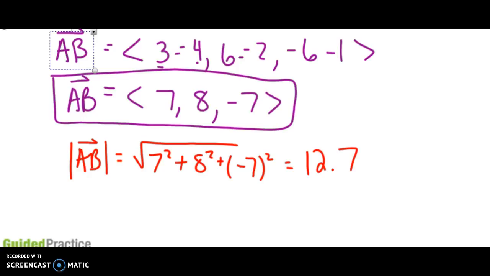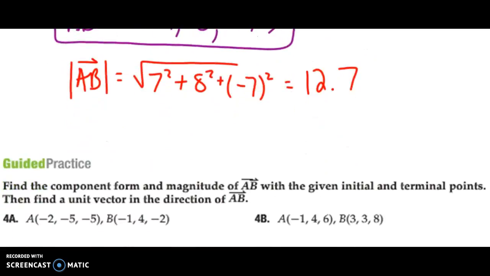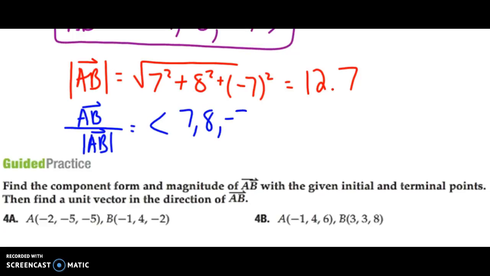Finally, the last thing I need to find is the unit vector. And so remember, finding the unit vector, what we did is we took our components of AB divided by the magnitude of AB. So that would be 7, 8, -7, all divided by 12.7.